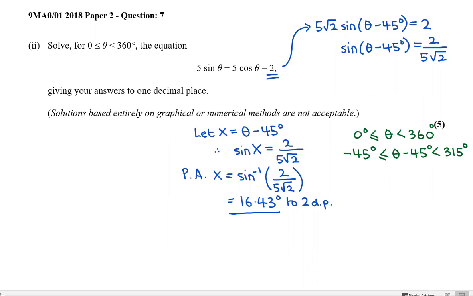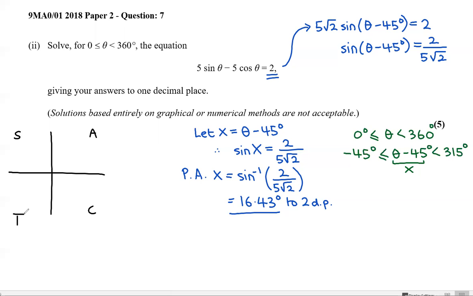Okay. So that's my interval I'm going to look in. Obviously, the theta subtract 45, that's the same as big X. Right. So I think we've got everything we need to do the cast diagram now. So just for the sake of space, I'm going to do the cast diagram over here on the left. So we've got C, A, S, and T. We've got the angle.